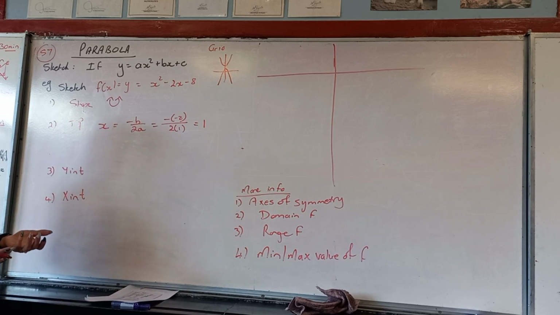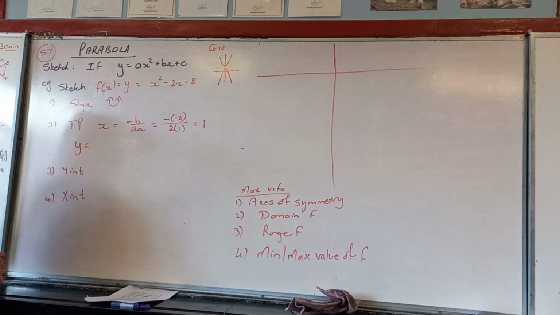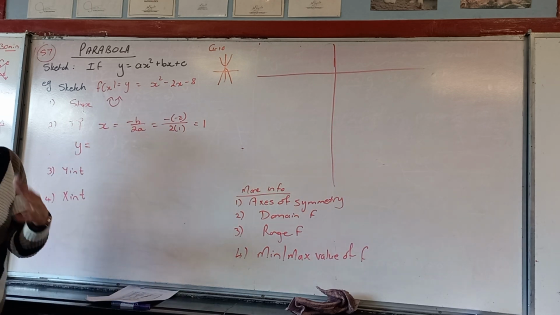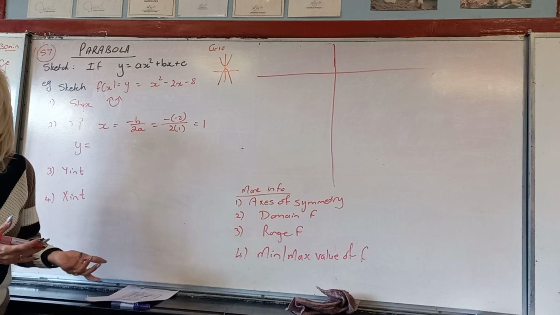But that only gives me the x value. The turning point has an x value and a y value. Any point has an x coordinate as well as a y coordinate. So when you go and you find your x, you still need to find your y. How? Substitution. For every x there's a y, for every y there's an x. If I have one of the two, substitute it in and you'll get the other one.